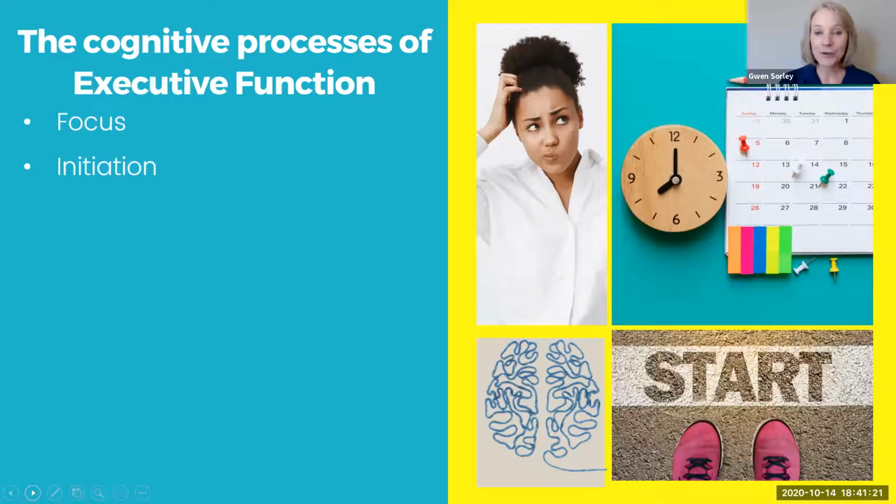Now, we also look at initiation. And initiation, of course, is the ability to avoid procrastination. So many of you can probably relate to this in the form of homework, right? Homework that should take 15 minutes, but is taking you 2 or 3 hours every night. And usually the first hour of that is just simply your child trying to avoid that task altogether. And so there's a difficulty with that ability to start a task right away, right? Initialize, take that and prioritize and start the assignment right away to avoid procrastination.